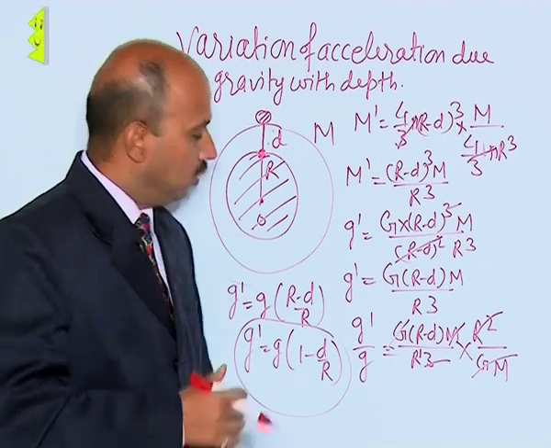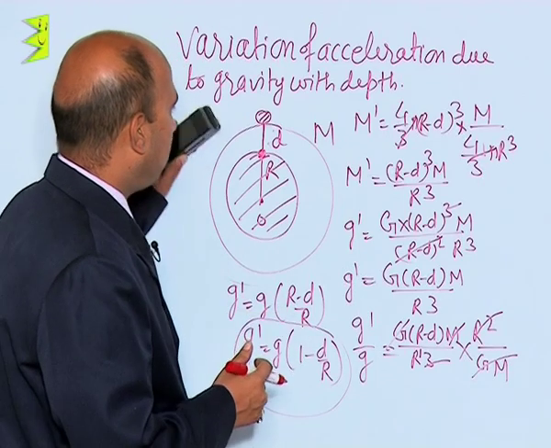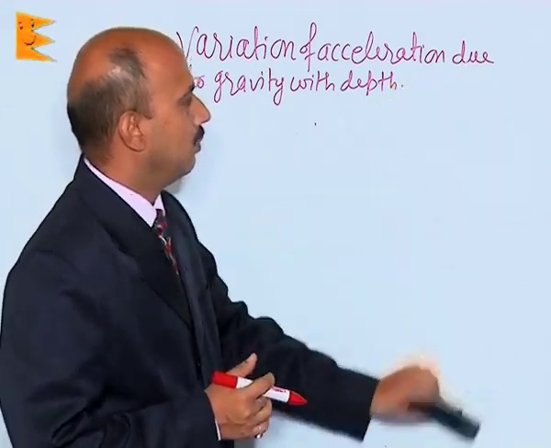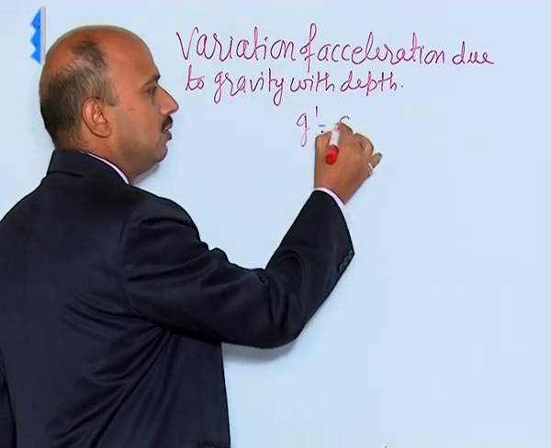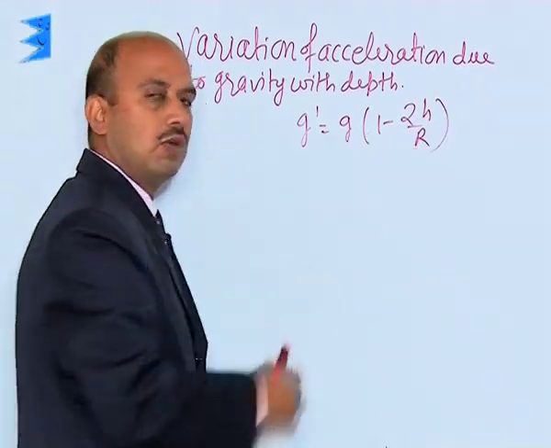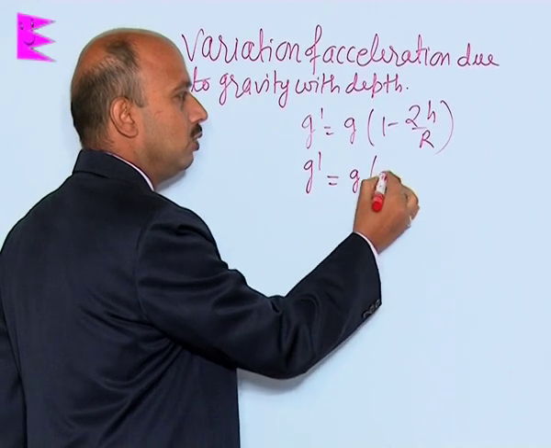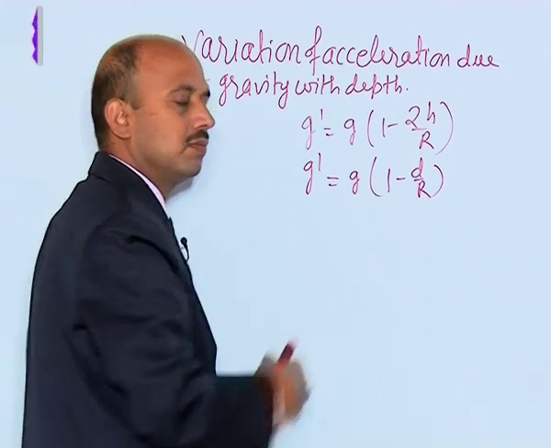Now, let us do the graphical study of the variation of g with the depth and with the height. Graphically we can describe all these things. We have done for height, it is g into (1 minus 2h upon r), this is above the surface of earth. For the depth we have done g dash is equal to g into (1 minus d upon r).